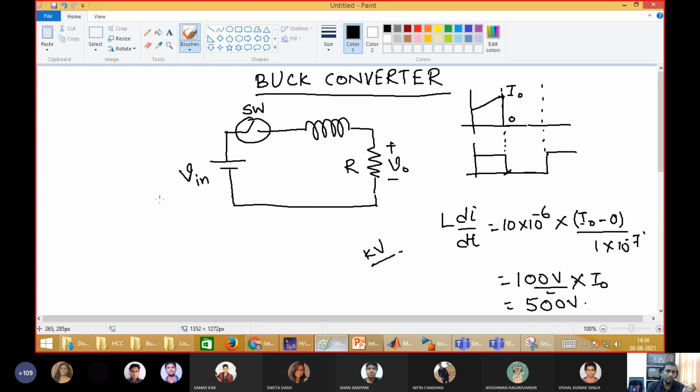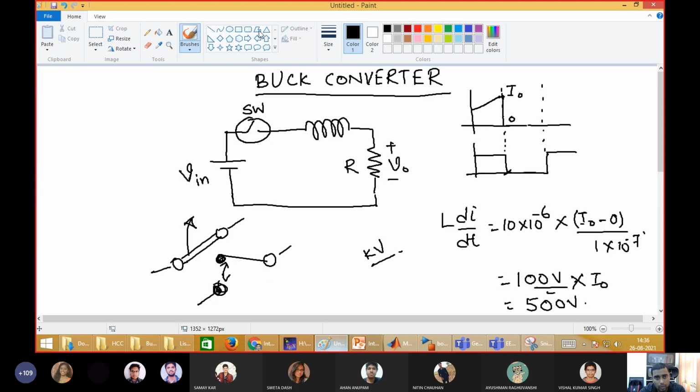When they try to open it, there is a huge flashover between these two poles. This is the main reason: kilovolt level voltage appears, which punctures the dielectric of air, and that is why this flashover appears.